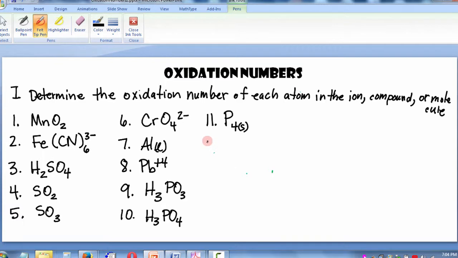Number 12, NH4 plus. Number 13, Cu solid. Number 14, PO3 with the 3 minus charge.